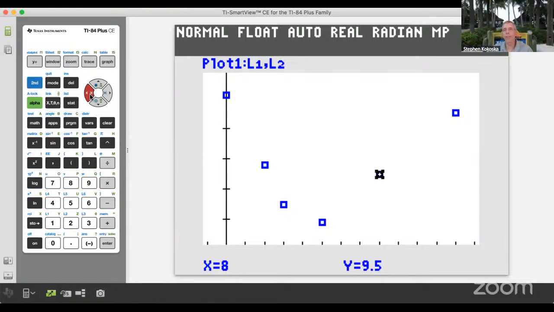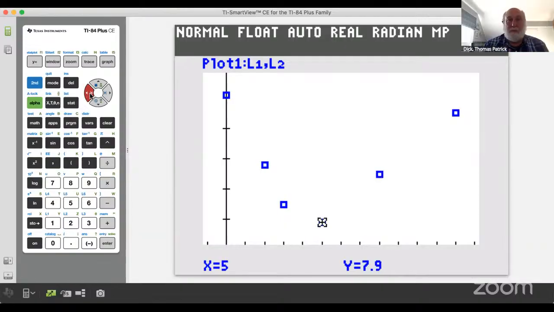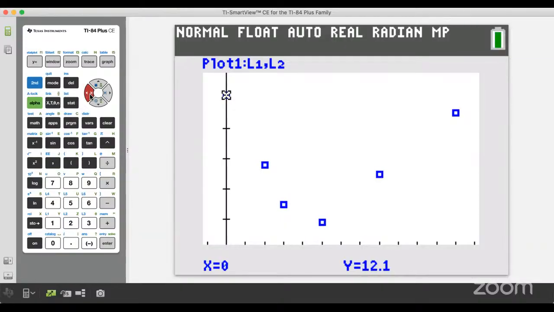What we're actually incrementing when we trace on a scatter plot is the list index value. You start in the X list index value spot of 1, and then you increase 1, 2, 3, whatever, and you go down that X list, and then the corresponding Y list is what's traced out.